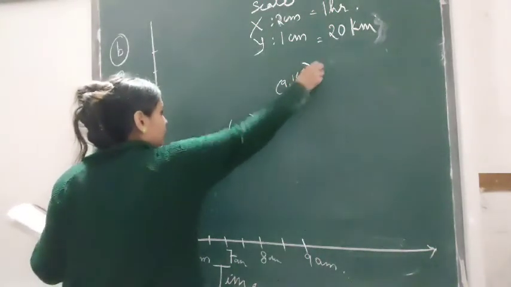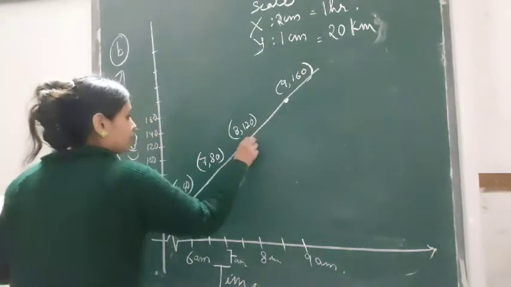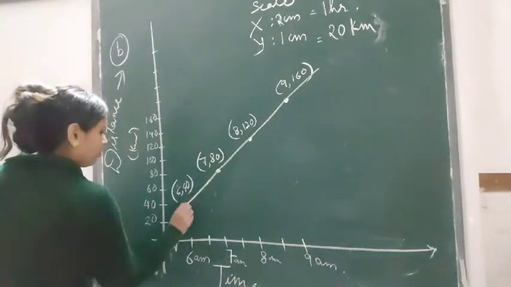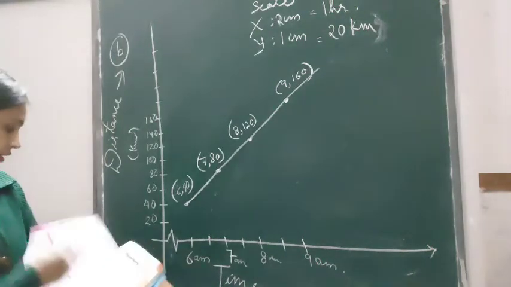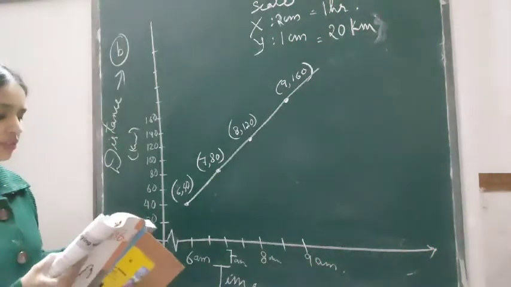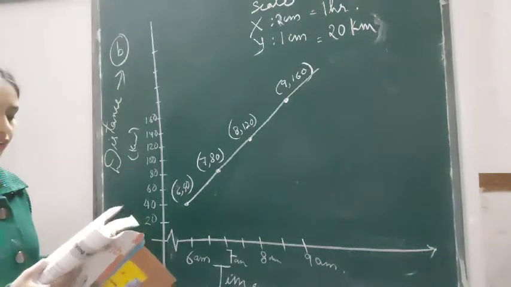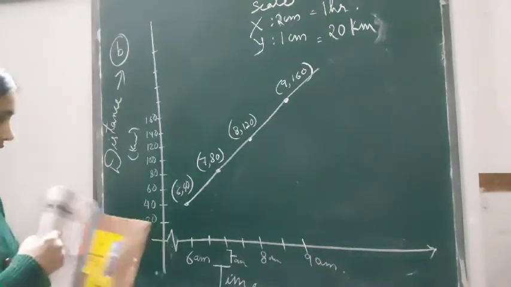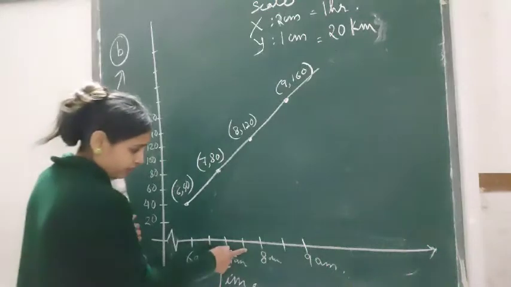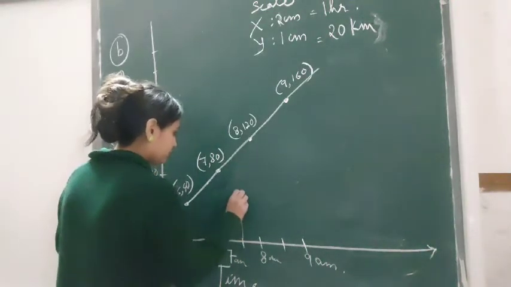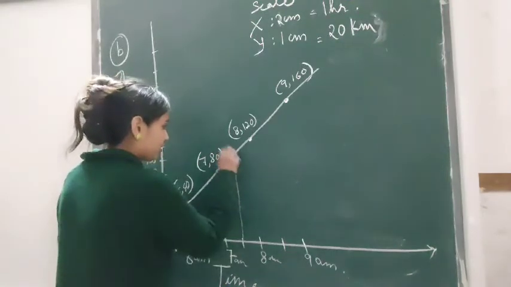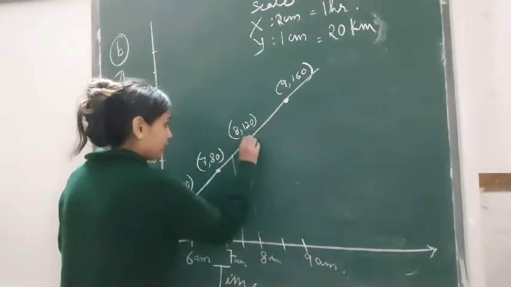Here, this is the graph, the distance covered by the car. Children, there are certain questions also which are asked. How much distance did the car cover during the period of 7:30 to 8? Now, where is 7:30? 7:30 is obviously here. So, we go to 7:30. And where is 8 am? This.